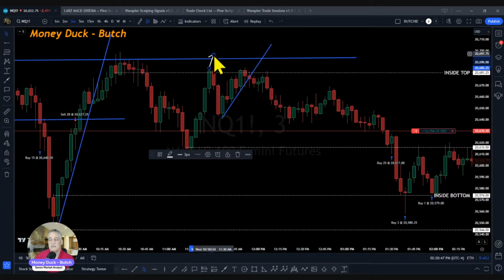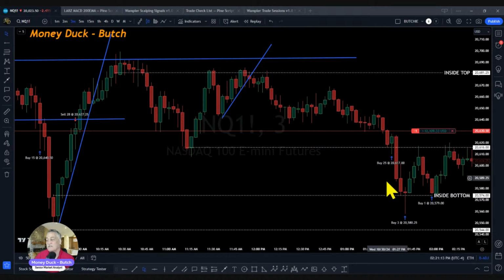No, it's not. It'd be like a double top. But if it turns at the inside of this turn, does that make a lower high? It does. Same with over here. It turned twice, made kind of a double bottom here at the inside of this move. That's why you mark them.